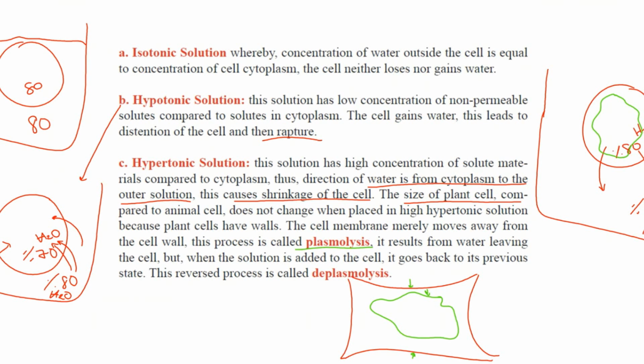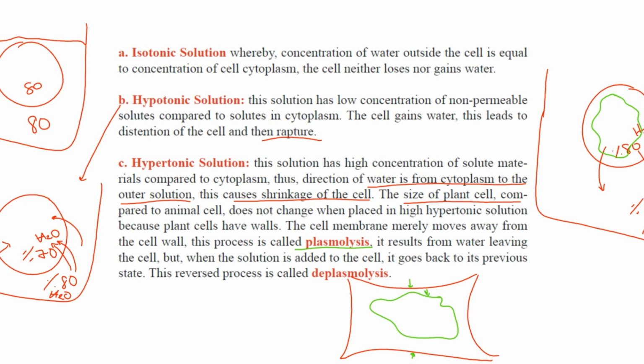plasmolysis, losing water. How can we explain plasmolysis shortly? An animal cell, when we put it in a hypertonic solution, water moves from the cytoplasm to the environment. It loses water, shrinks, gets smaller in size, and we call it plasmolysis.